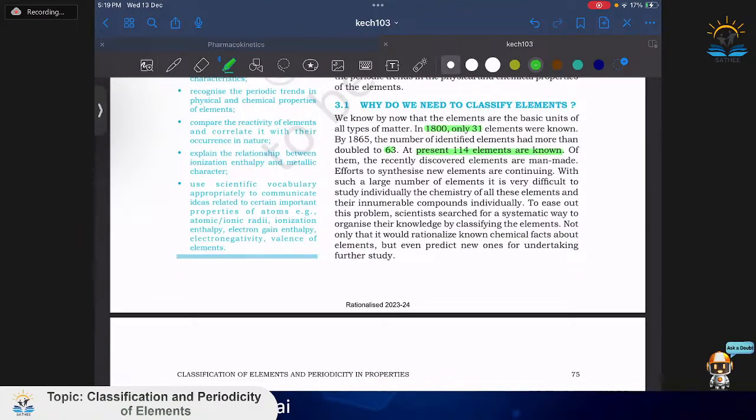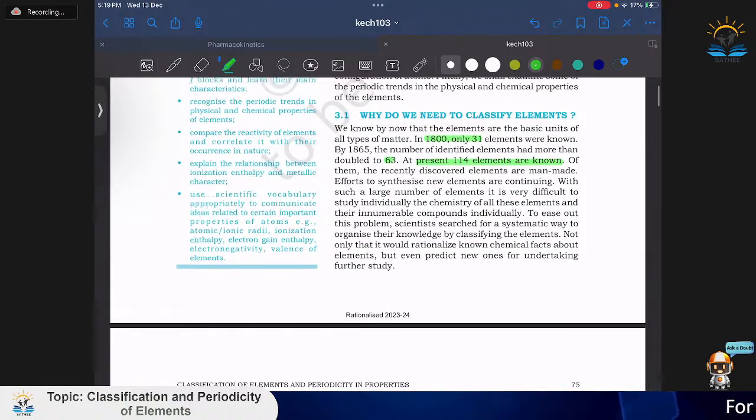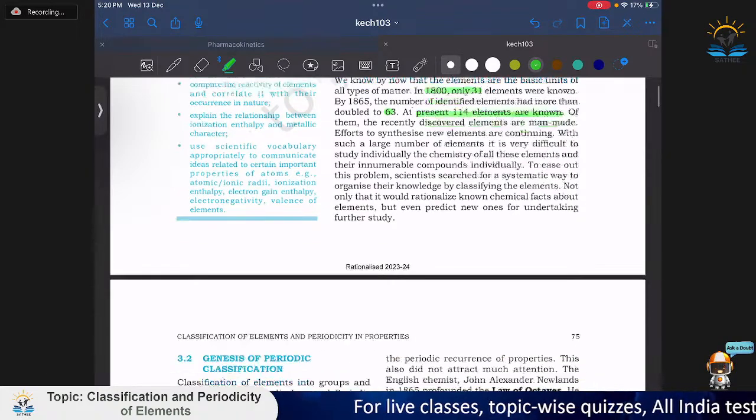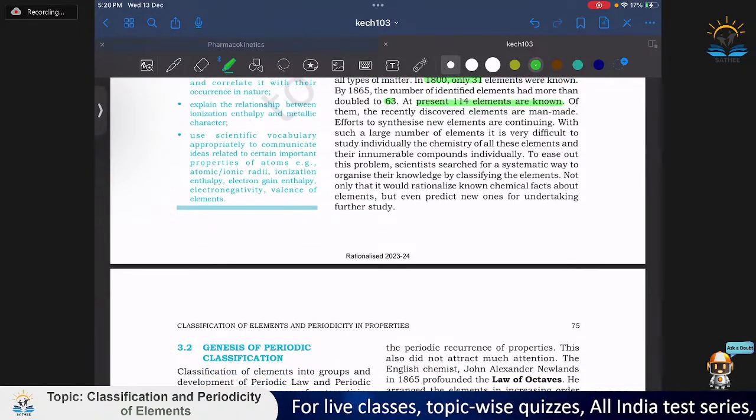Actually, we have discovered all the 118 elements, but since NCERT is saying 114 elements have been discovered, if a direct question is asked in JEE Main, then please follow NCERT, because they won't accept anything else. NCERT is the final proof they will accept. That is why I'm urging you to read NCERT.